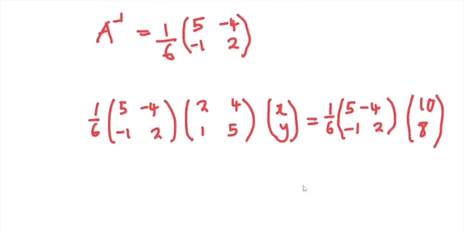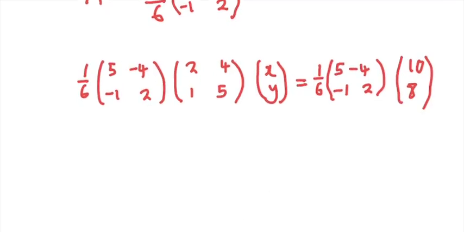After writing this, what are we going to do? You multiply these two matrices together. Let me enclose them in square brackets. Row by column: 5 times 2 gives us 10, then plus -4 times 1, this gives us -4.